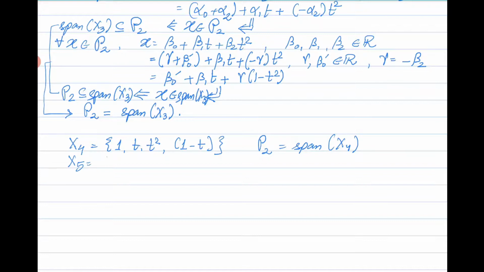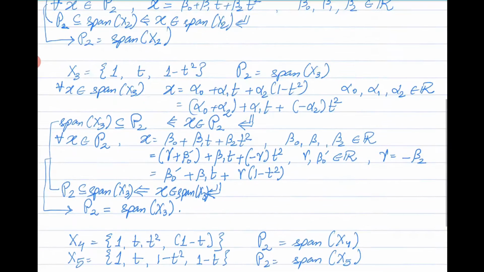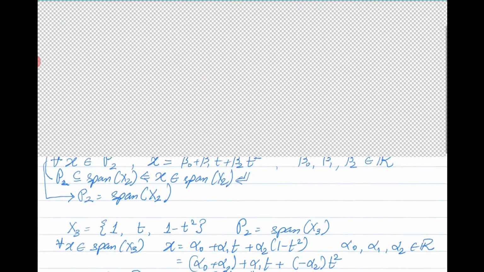Similarly, if you consider another set, which is x5, you can show that P2 is the span of x5. Okay, so now we have considered 5 different sets of non-zero vectors, namely x1, x2, x3, x4 and x5.